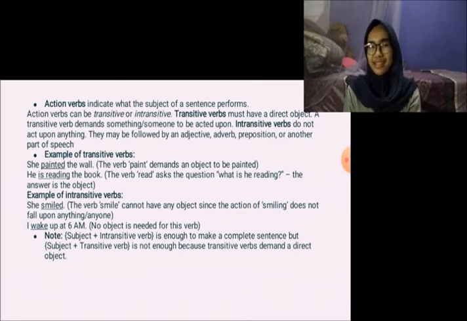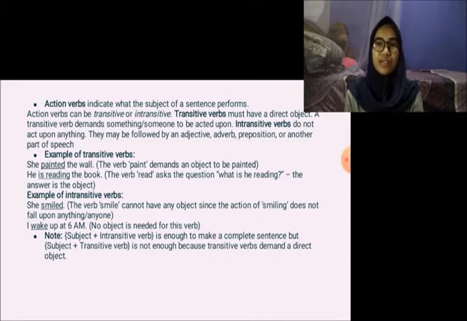The third is action verbs. What is an action verb? An action verb indicates what the subject of the sentence performs. Action verbs can be divided into two: intransitive and transitive verbs. So what is a transitive verb? A transitive verb must have a direct object.